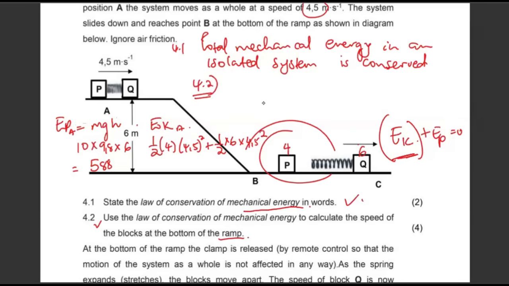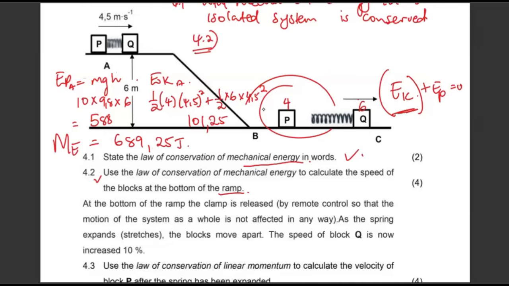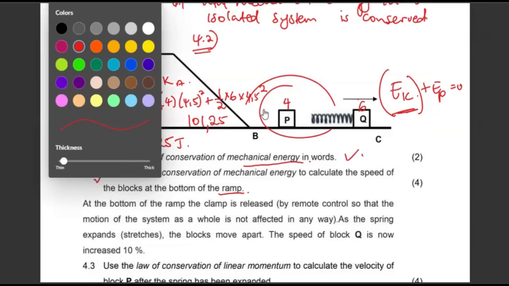So 0,5 times 4 times 4,5 squared plus 0,5 times 6 times 4,5 squared gives 101,25. So my mechanical energy at A is the combination of the two, which is 689,25 joules.